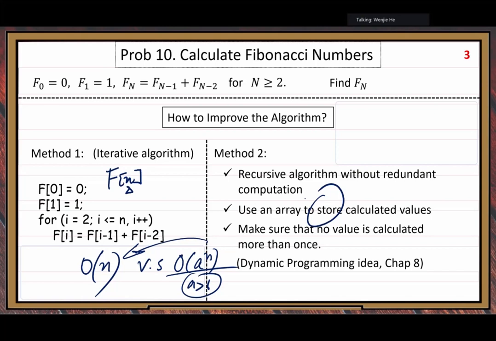We will do this dynamic programming implementation. We use this dynamic programming idea to calculate Fibonacci numbers. And then we do a comparison. Brute force, dynamic programming, we compare. How much is the difference? That's our second programming project.